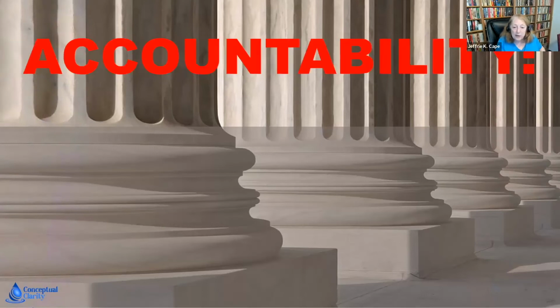So the first thing we recognized was we had to have a definition, because it turns out that when you look up the word accountability in the dictionary, first of all, it mostly talks about external accountability. And second of all, it uses the word accountable in the definition, which is against the rules. When I was in school, if I put the word in the definition, my teacher did not accept that answer.